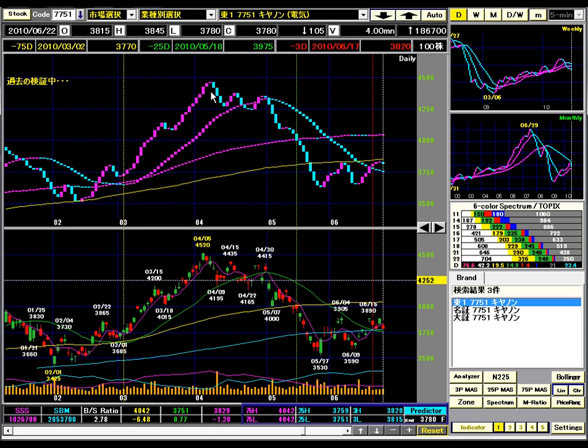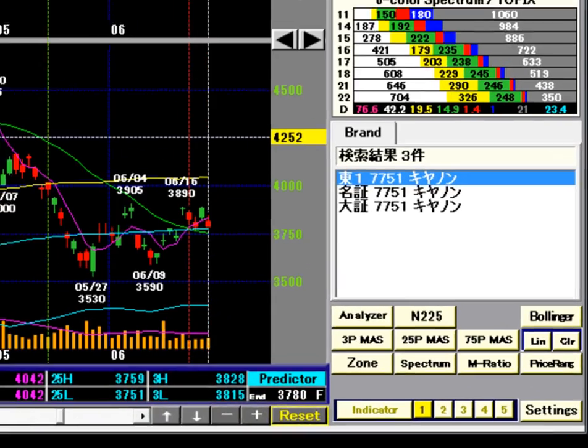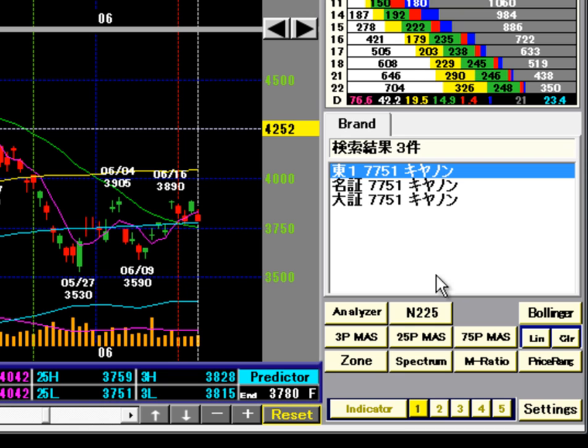All you see is the real bodies for the 3-day, 25-day and 75-day, the short-term, medium-term and long-term Masuda Ashi real body lines. Look down the bottom right of the screen. We have 3P MAS. This stands for 3 period MAS, Masuda Ashi shadow, 25 period Masuda Ashi shadow, 75 period Masuda Ashi shadow.